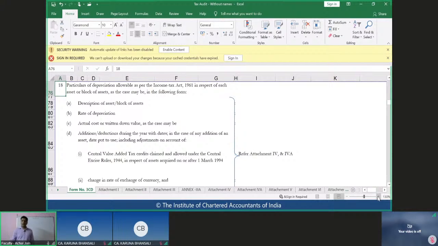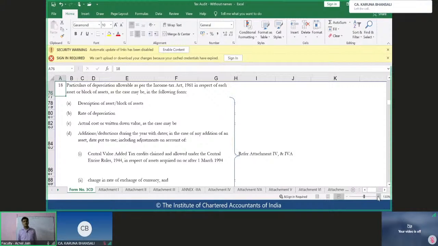And this disclosure is all about the fixed assets, which we now call property, plant and equipment. Other than this, these are also required to be audited in a different manner, because something that the auditor would have audited in the case of financial statements will not fully help to audit this clause number 18.